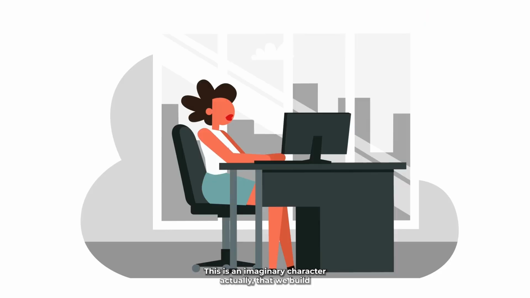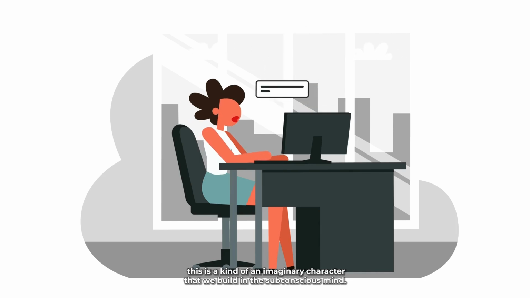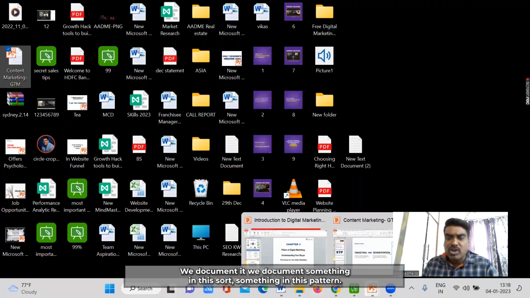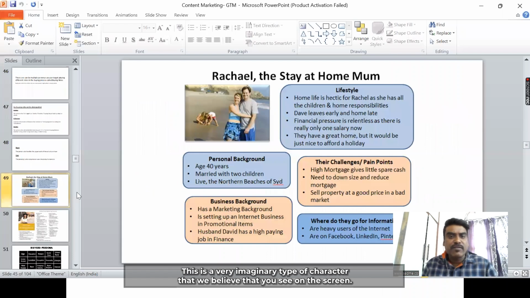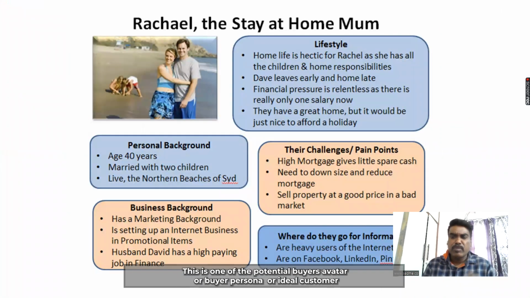This is an imaginary character actually that we build. This is a kind of imaginary character that we build in our subconscious mind. We document it in this sort of pattern. This is a very imaginary type of character that you see on the screen. This is one of the potential buyer avatars, buyer persona or ideal customer profile of one of our potential prospects.